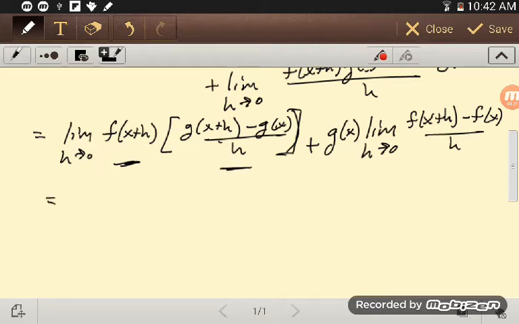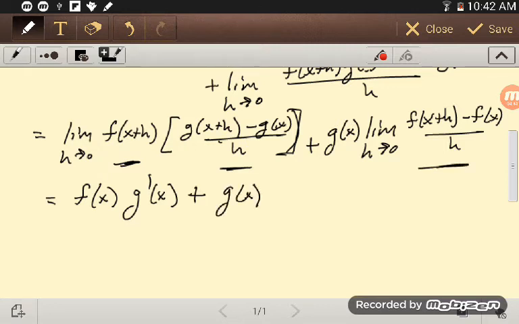And so, as limit as h goes to 0, we just get f of x times g prime of x, and then plus, here we have the g of x, and that part is just the derivative of f, so f prime of x. And so that's where we get our product rule.